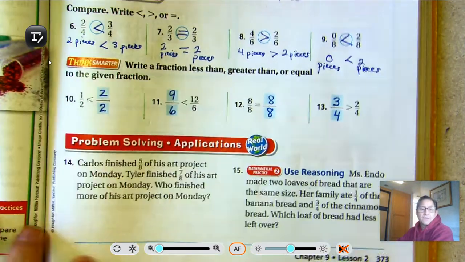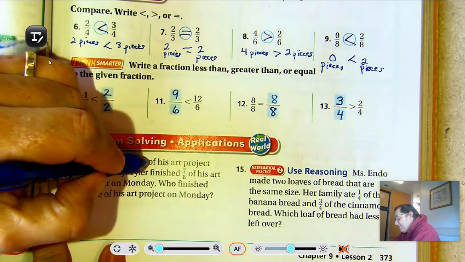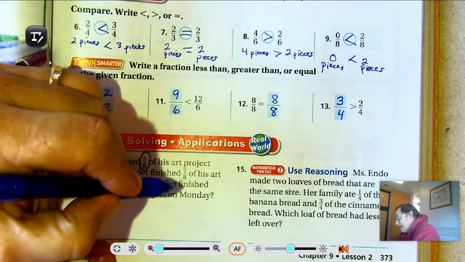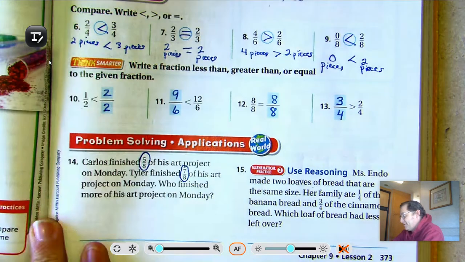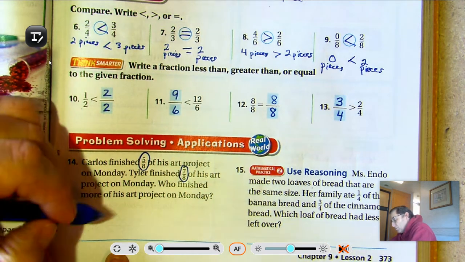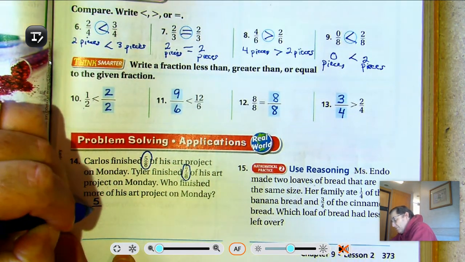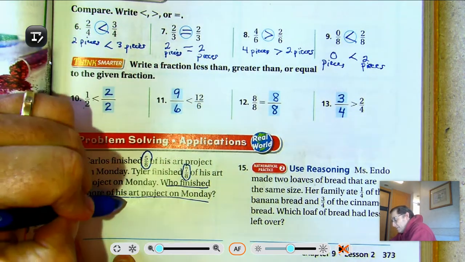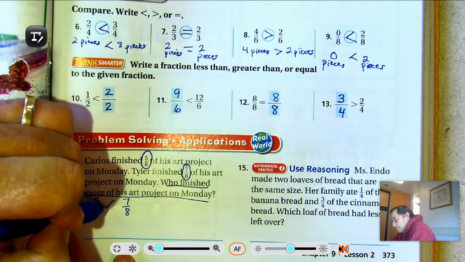14. Carlos finished 5/8 of his art project on Monday. Tyler finished 7/8 of his art project on Monday. Who finished more of his art project on Monday? So basically we're comparing 5/8 to 7/8.